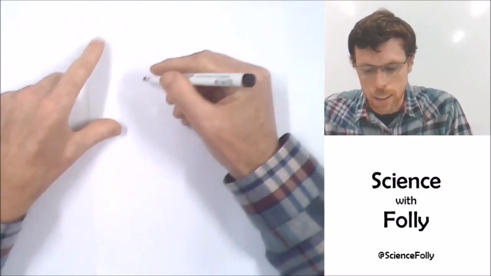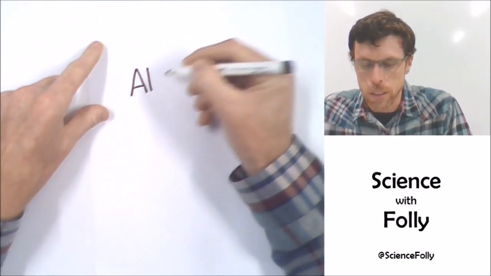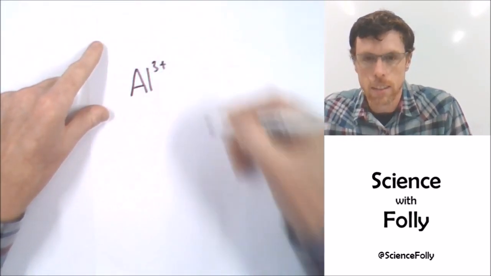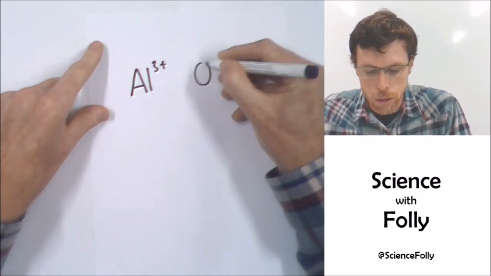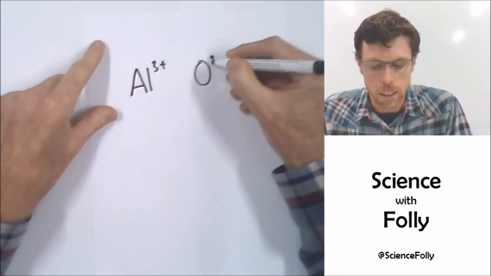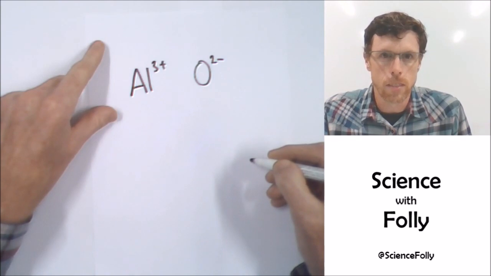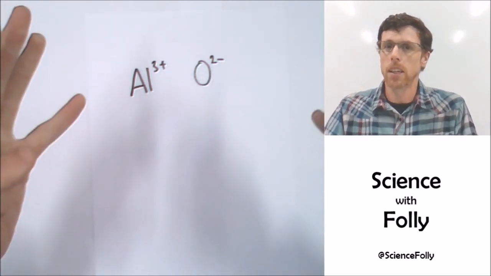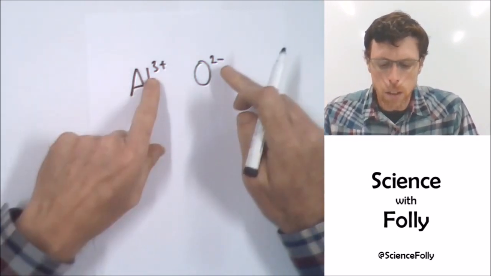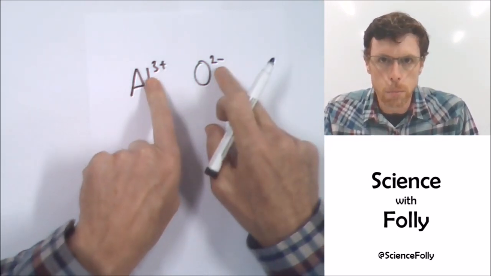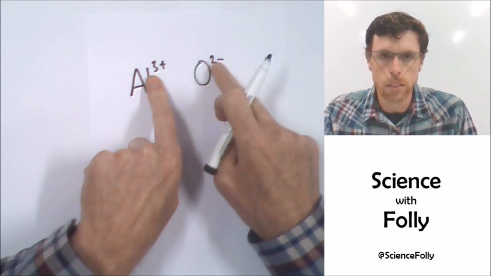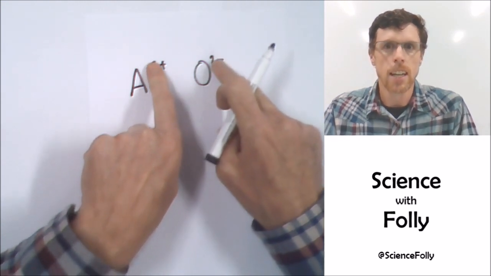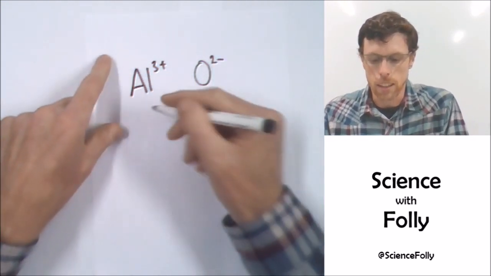How about something tricky like this? Aluminium, when it forms an ion, has a charge of 3+. Oxygen, when it forms an ion, becomes oxide with a charge of 2-. These are opposite charges, but they're not equal. How are we going to make them equal up? Well, what's the common multiple of these two? 3 times 2 is 6. So we're going to need 6 charges altogether.